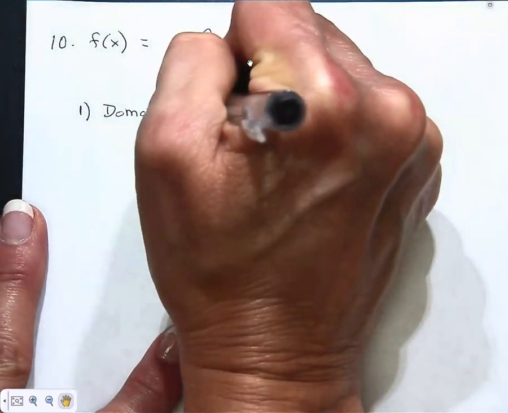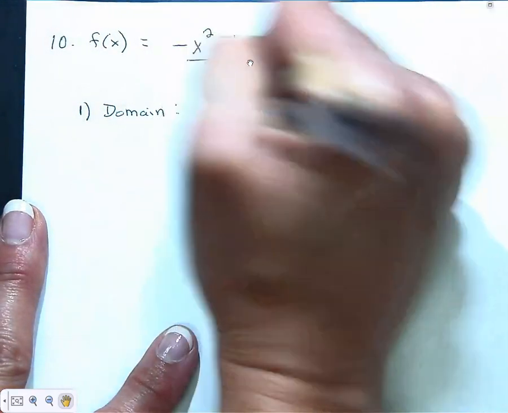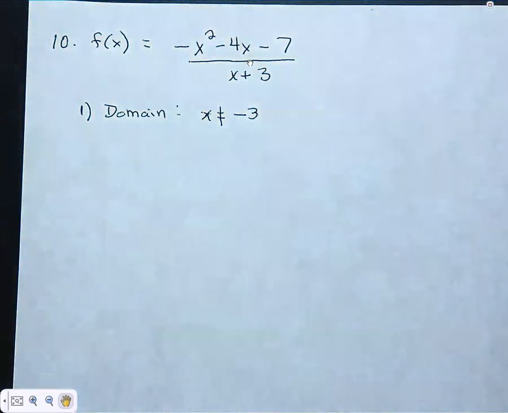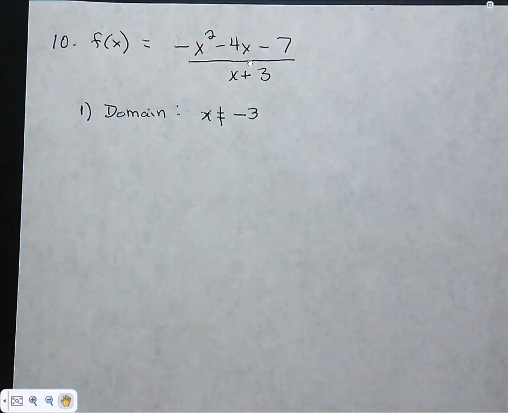And I'm pretty sure that at -3 there will be a vertical asymptote. The only way there would not be a vertical asymptote at -3 would be if that numerator would factor in such a way that I could cancel out the x plus 3. Then -3 would still not be in the domain of the original function, because the original function had x plus 3 in the denominator. But rather than having a vertical asymptote at -3, I would have a hole in the graph. You can tell that doesn't happen, that numerator is prime.